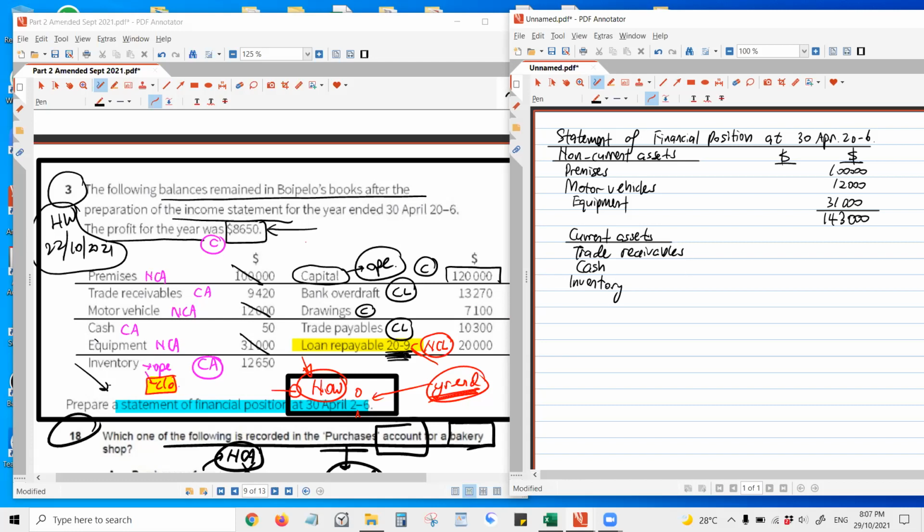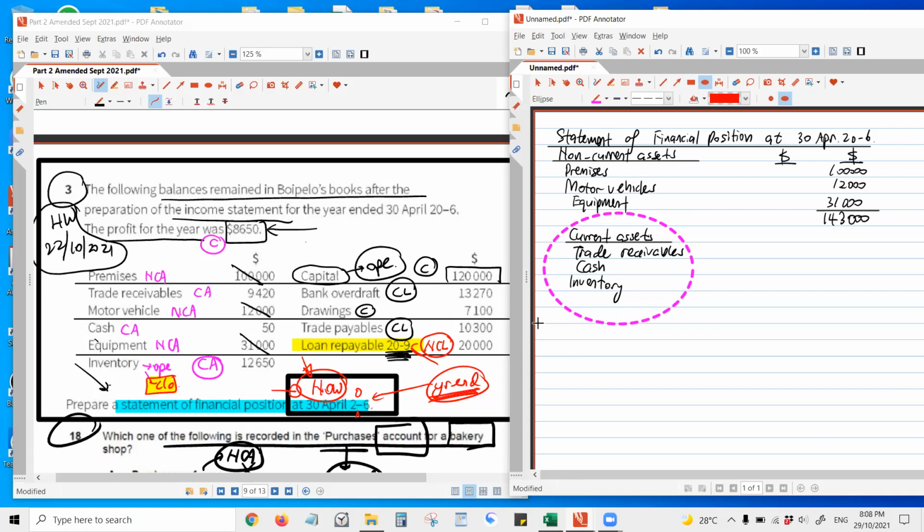I'm not too sure if your school teacher has given you a specific way of arranging the current assets or not. There's a way of arranging the current assets in this section, and it is something you have to follow if you are doing accounting for higher level, maybe Cambridge A level, or you are in college or uni.